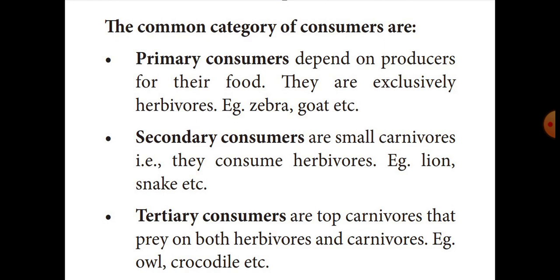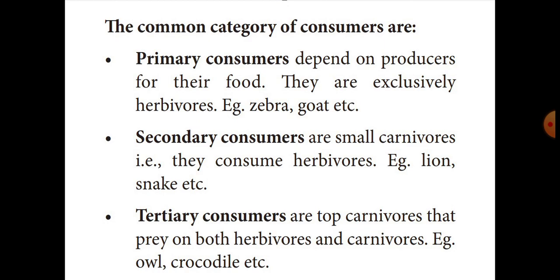Listen, students. The ecosystem has three components: abiotic components, biotic components, and energy components. First we discussed abiotic components. Then we discussed biotic components, which have three categories: producers, consumers, and decomposers.